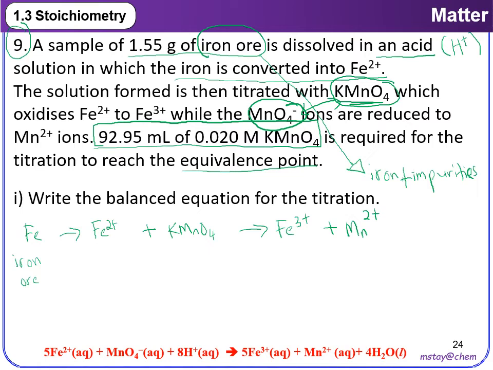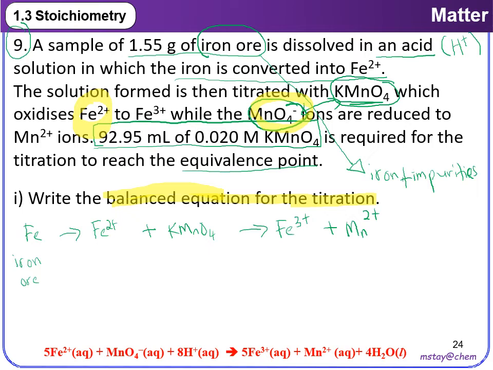Okay, so we look at the question, what the question wants us to do. First step is to balance the equation for titration. Recall that when we do the titration, we are titrating the Fe2+ with the MnO4 negative.